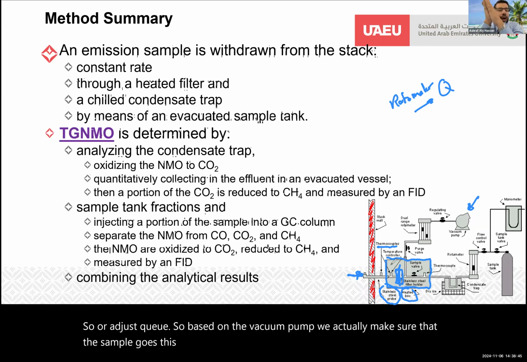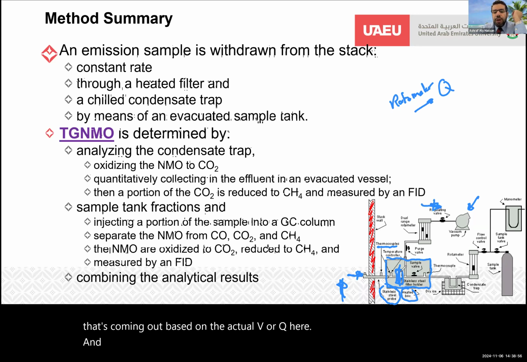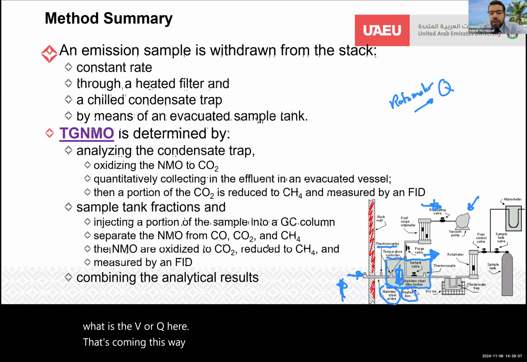This is how we determine what is the V or the Q that's coming out, based on the actual V or Q here. And the force that we are putting here pulls the sample. So now I know what is the V or Q here. That's coming this way. First, it goes through what we call a condensate trap.